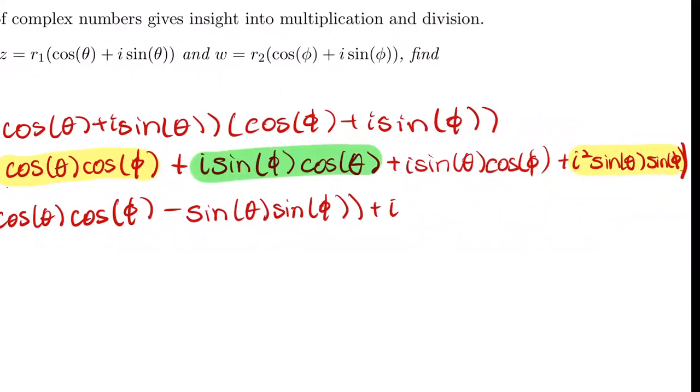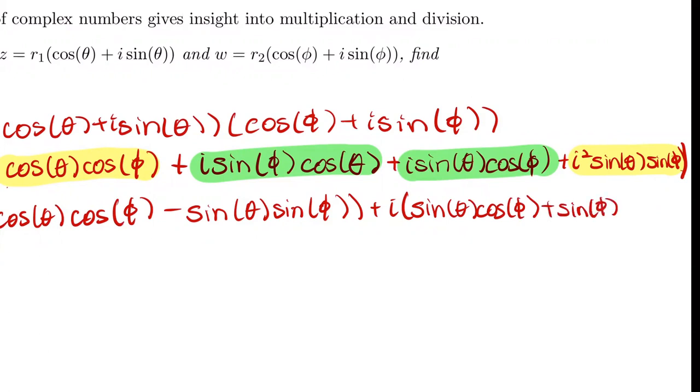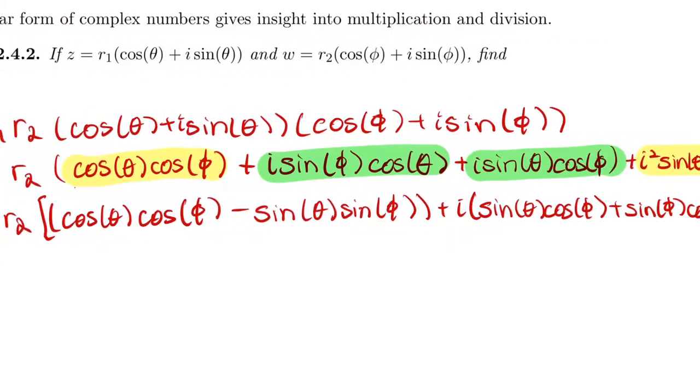So we have this one and this one. So we have sine theta cos phi plus sine phi cos theta. So that's what we have found here.